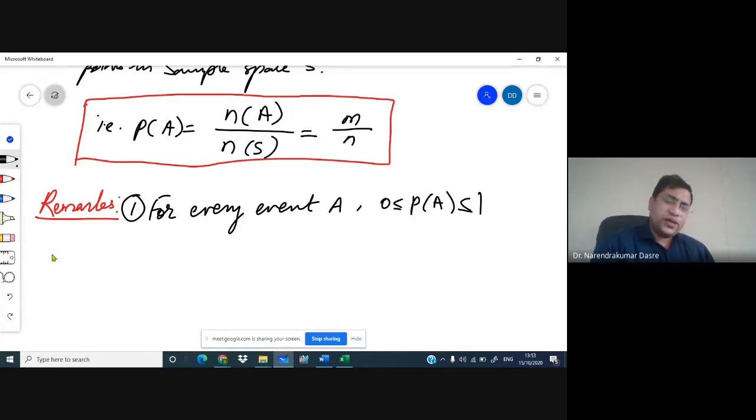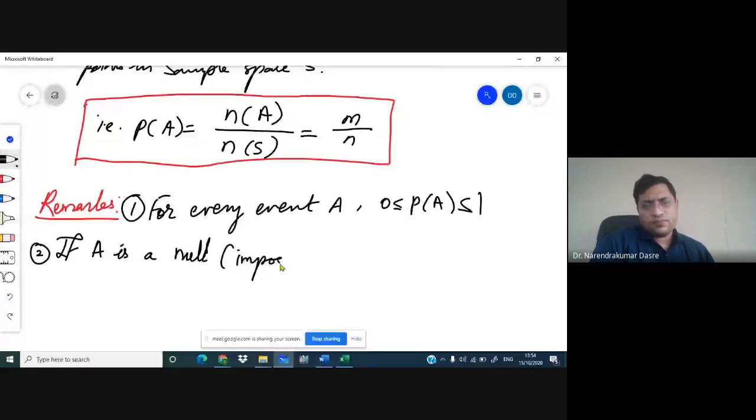Now the question is when it is going to be 0 and when it is going to be 1. Next, if A is a null event, or we can say an impossible event, then the probability of A is equal to 0.